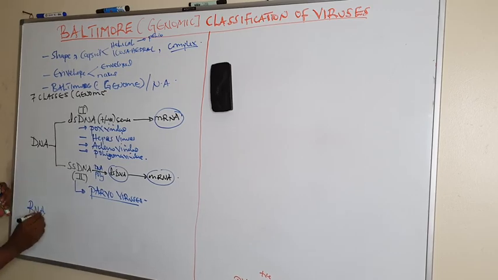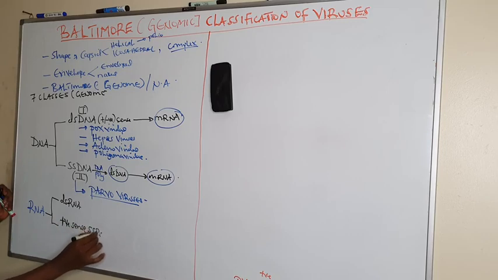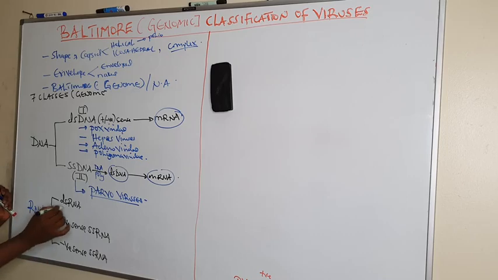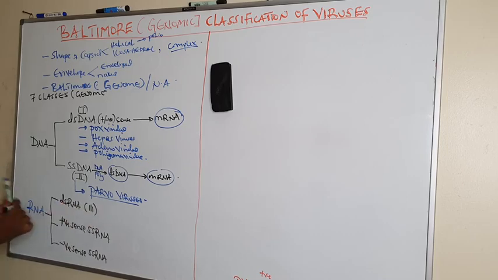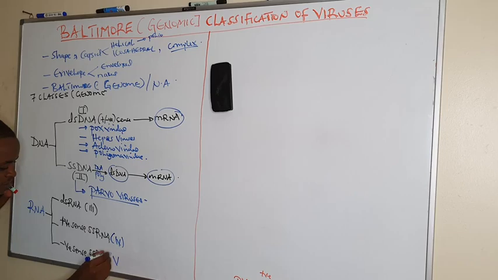They can either be double-stranded RNA, positive sense single-stranded RNA, or negative sense single-stranded RNA. So this one will be class number 3, this is class number 4, and this is class number 5.